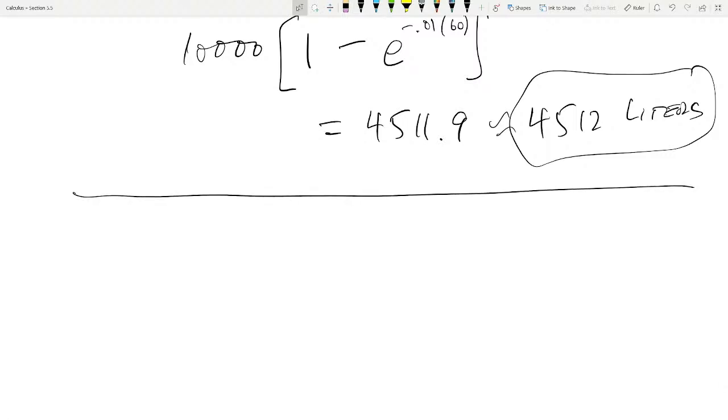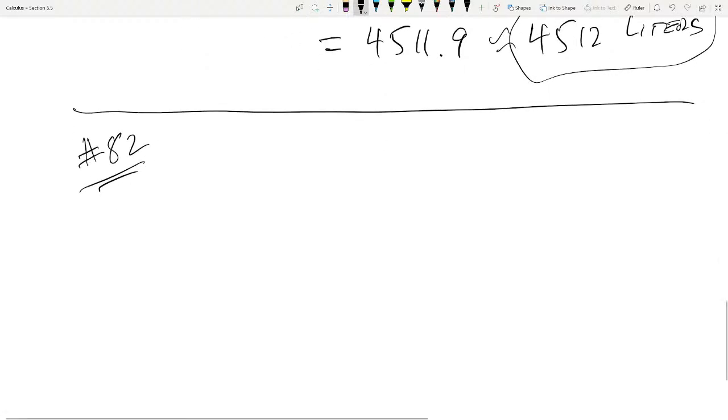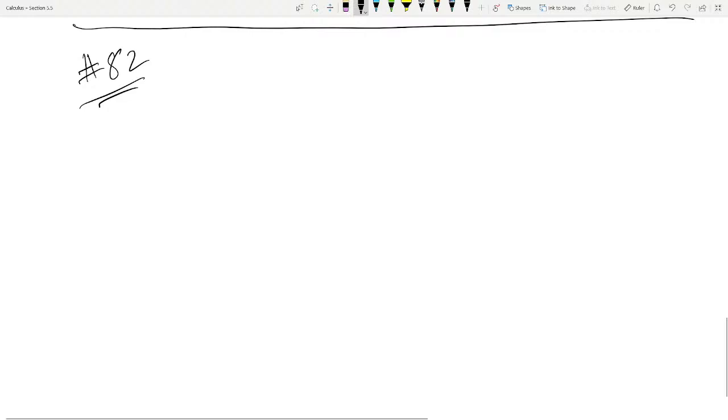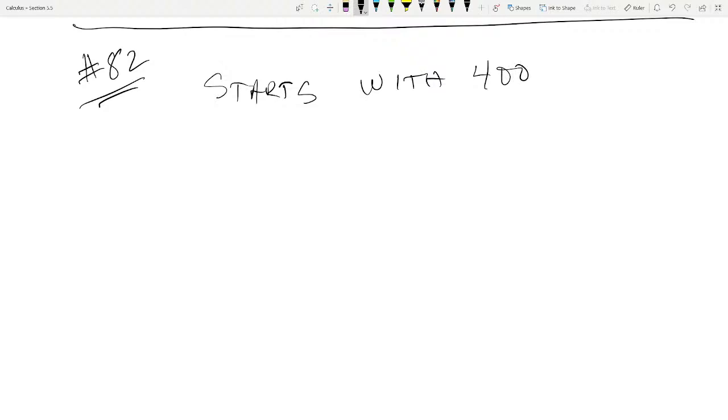That takes care of 81. Number 82 is about bacteria. It starts with 400, and it grows at this rate.